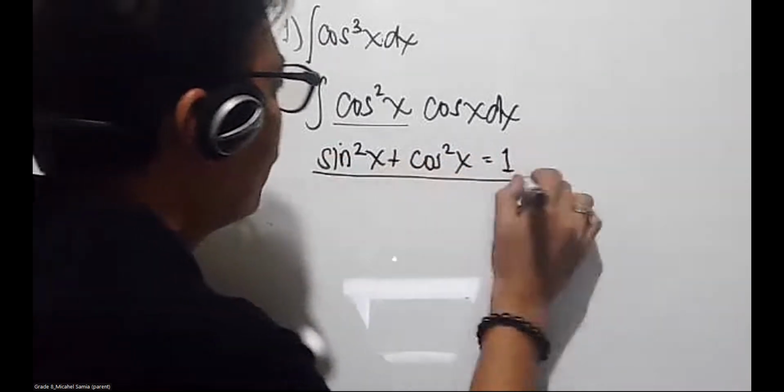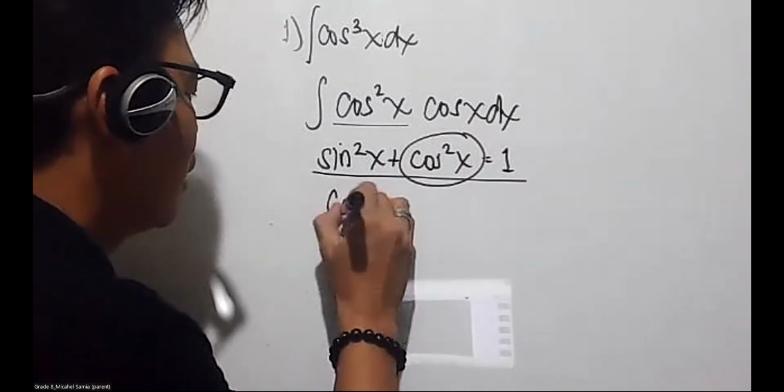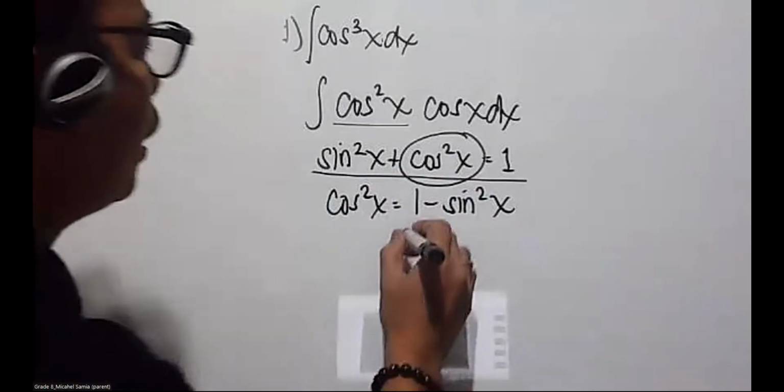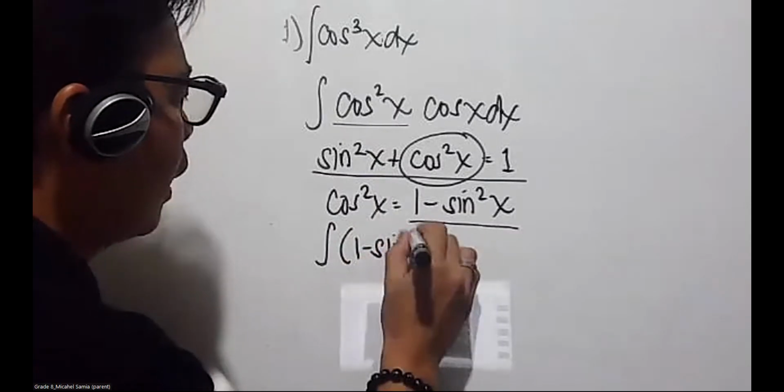So solving for cosine squared x, cosine squared x is equal to 1 minus sine squared x. Now we substitute this value for cosine squared x. So we have the integral of 1 minus sine squared x multiplied by cosine x dx.